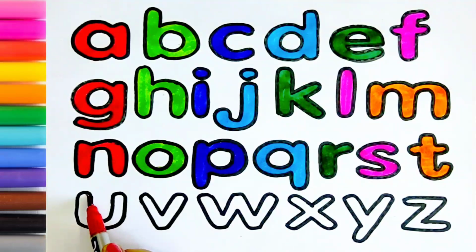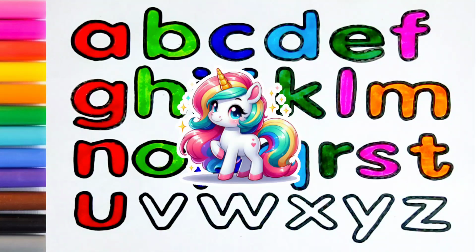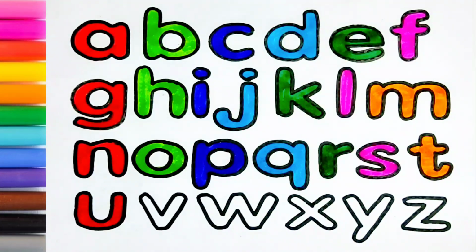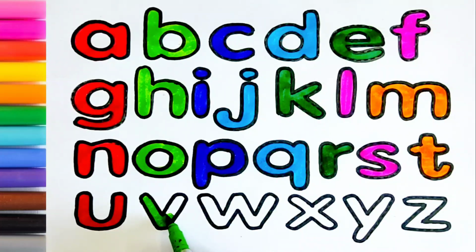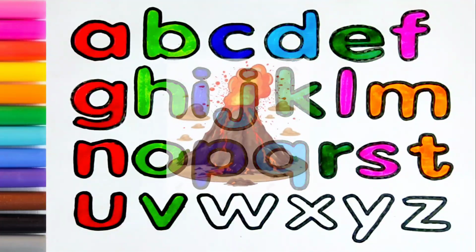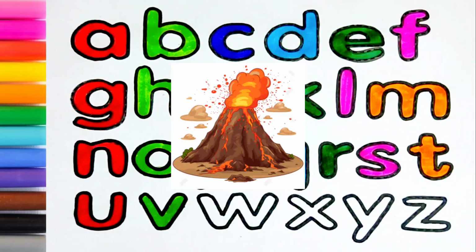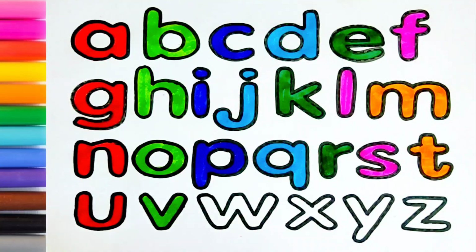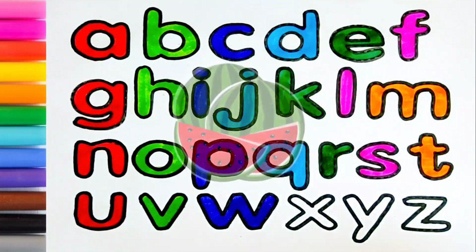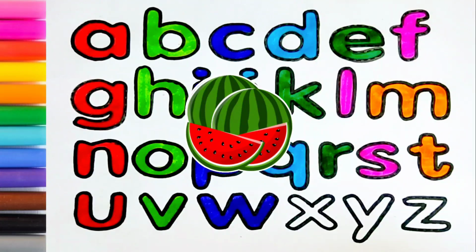Red color, U for unicorn. Light green color, V for volcano. Blue color, W for watermelon.